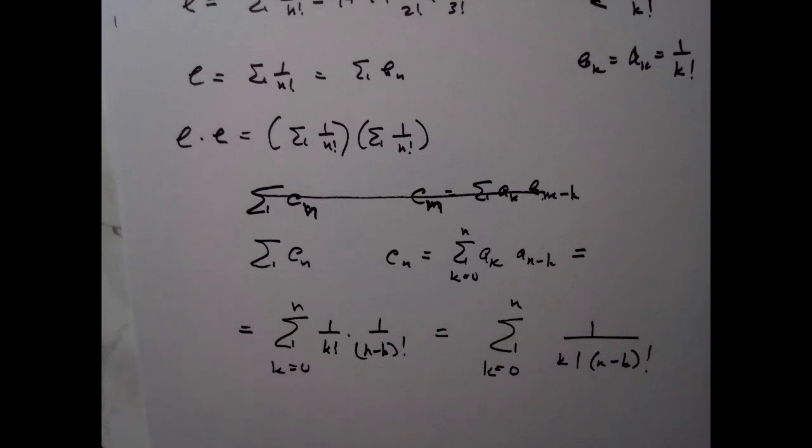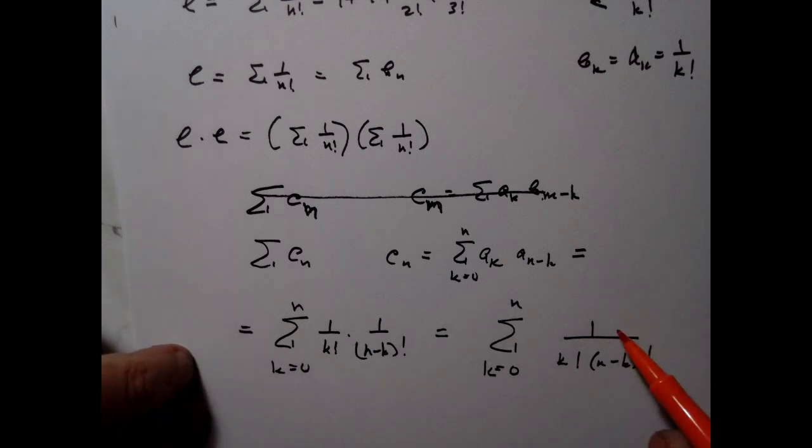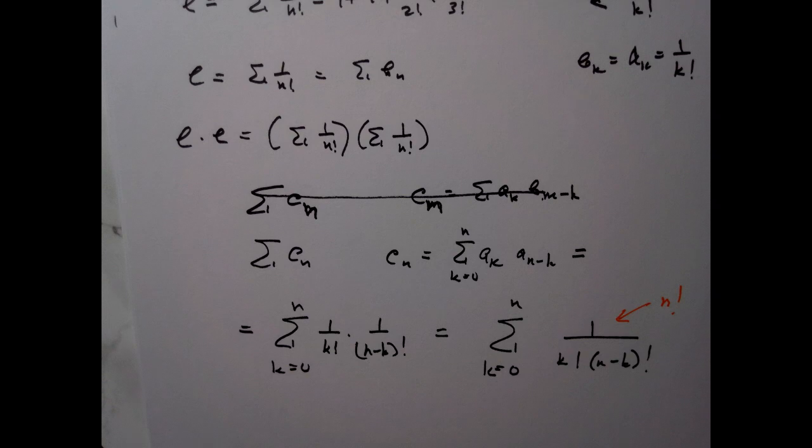And indeed it does. So what's missing here is this extra term. If I only had n factorial here instead of 1, then I would recognize this quantity as nothing else but the binomial coefficient.